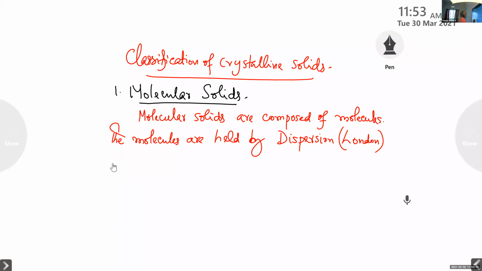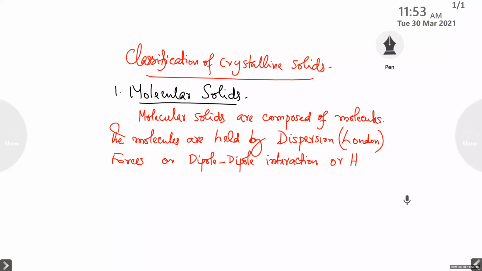Dispersion or London forces, or dipole interaction, attraction between the dipoles, or hydrogen bond.